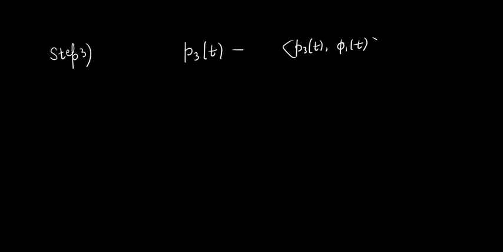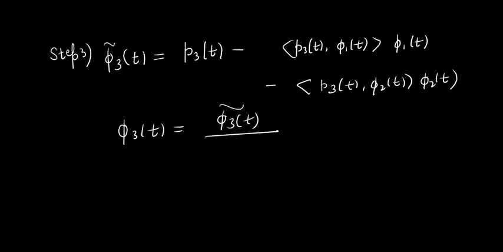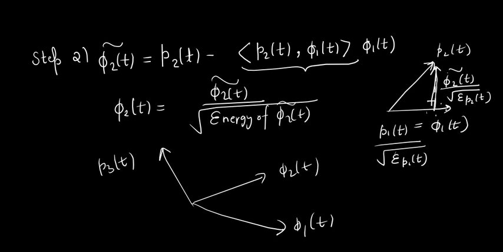There are two previous bases, phi 1(t) and phi 2(t), and whatever is remaining is actually orthogonal, but you have to scale or normalize it to make it orthonormal, make it normal. So you just divide by the square root of the energy. Yes or no? Okay.